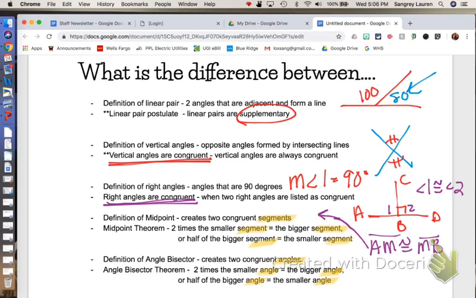If you notice that we are taking like 2 times the smaller segment to equal the bigger segment, or 1/2 of the bigger to get the smaller, that's the theorem. Same would go for an angle. If you notice that the angles are congruent because of the angle bisector, that would be the definition. Or if it's 2 times the smaller to equal the bigger, or 1/2 the bigger angle to get the smaller angle, that would be your theorem.